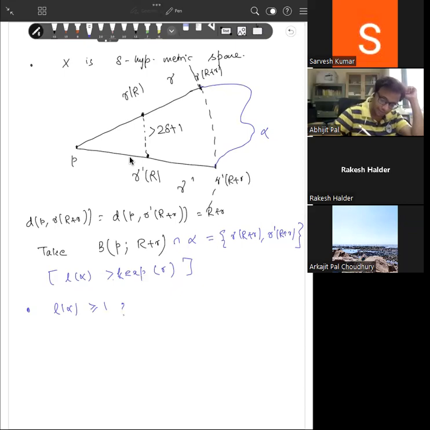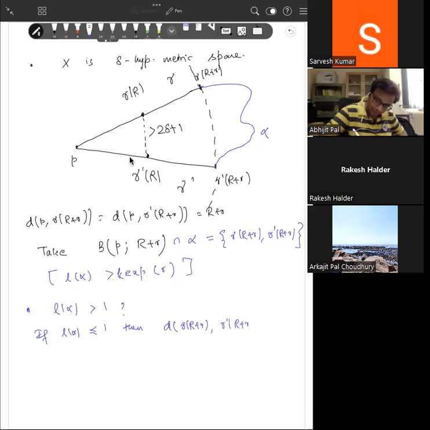Suppose the length of alpha is less than or equal to 1. Then the distance between these two points will be at most 1.